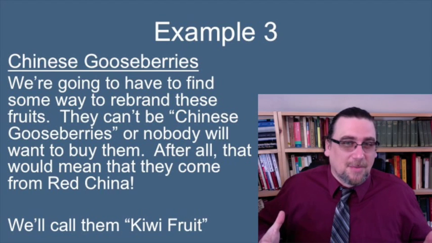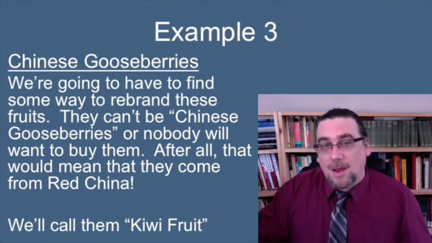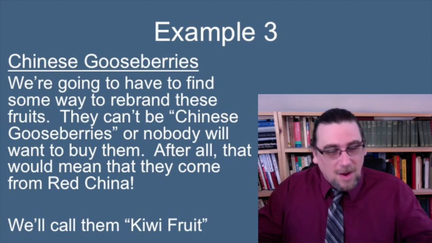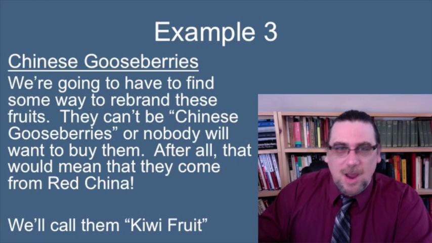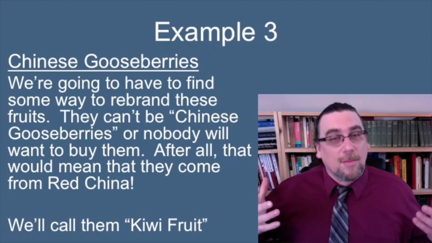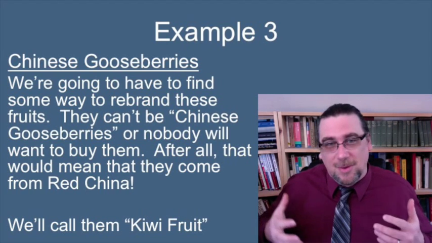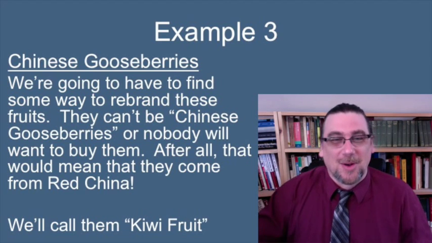Nobody wanted to buy something that was labeled Chinese, in part because the Chinese were communists. We're going to have to find some way to rebrand these fruits. They can't be Chinese gooseberries or nobody will want to buy them. After all, that would mean they come from Red China, our enemies. We don't want to be supporting our enemies, do we? We'll call them kiwi fruit because kiwis are cute and they come from Australia or New Zealand or somewhere down below.